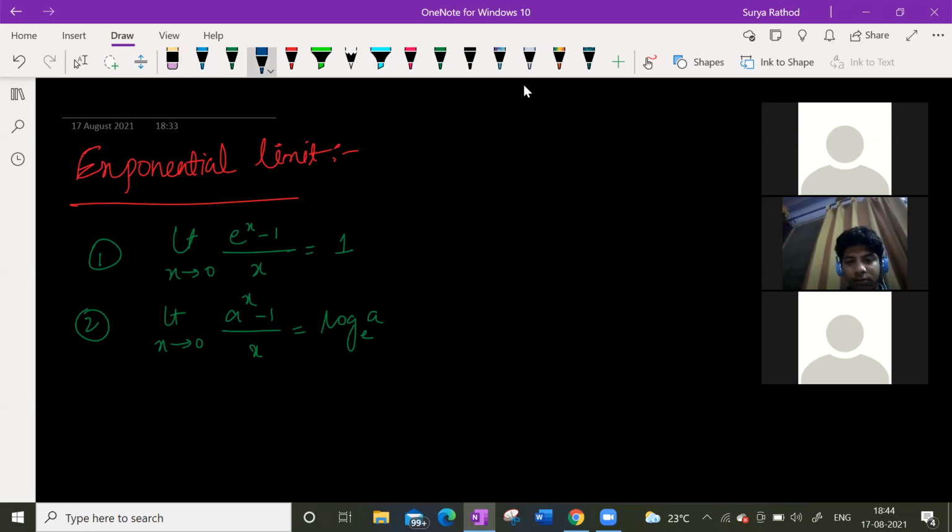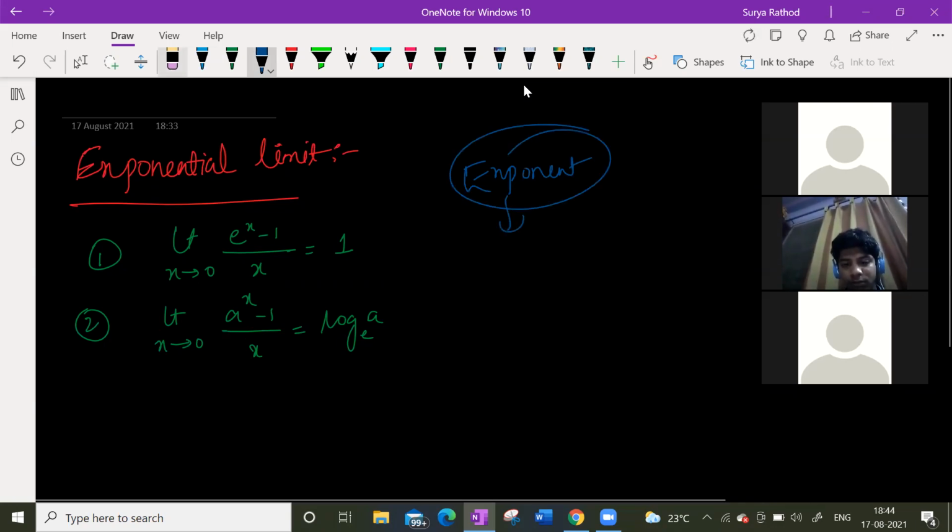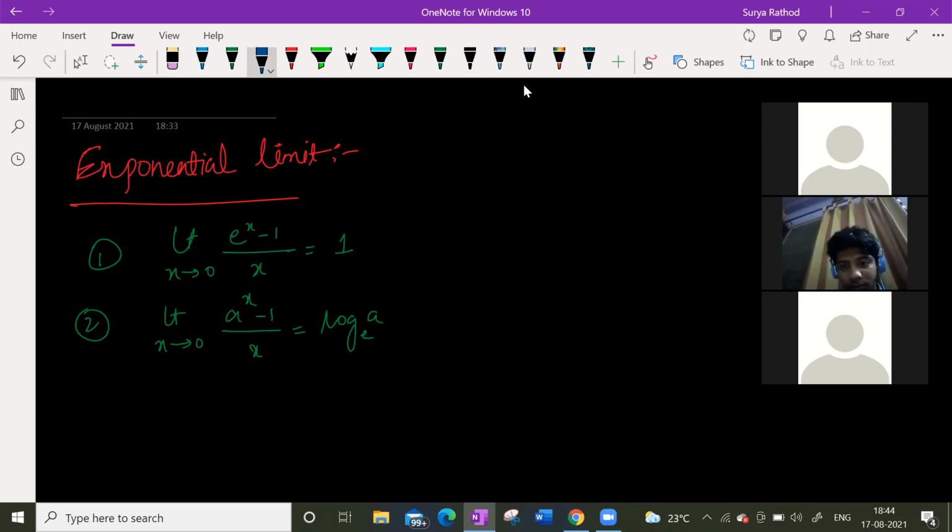Okay, okay. See, exponential, basically exponent means what? Exponent means power. Index, power, exponent, these are all power. Under exponential limits, I'll be having two formulas, very important. Limit x tends to 0, e power of x minus 1 divided by x is equal to 1.